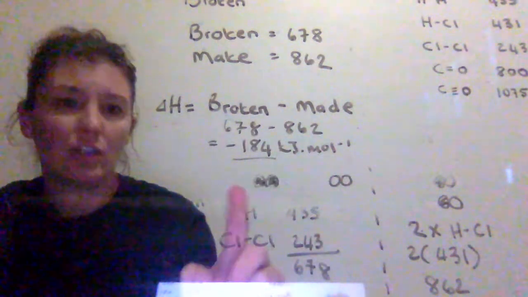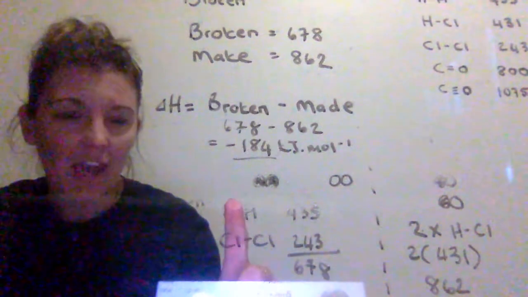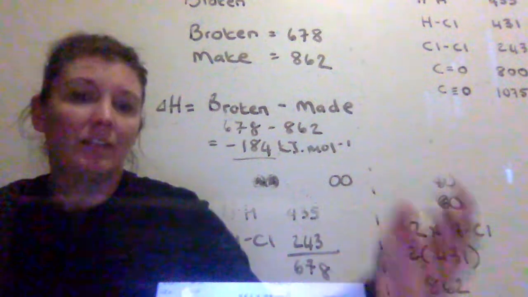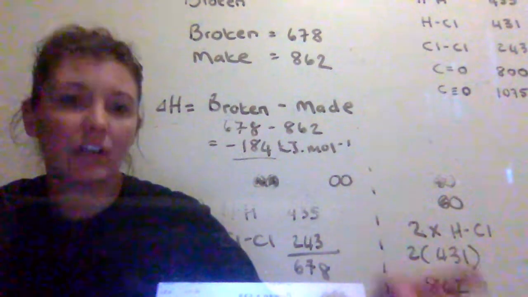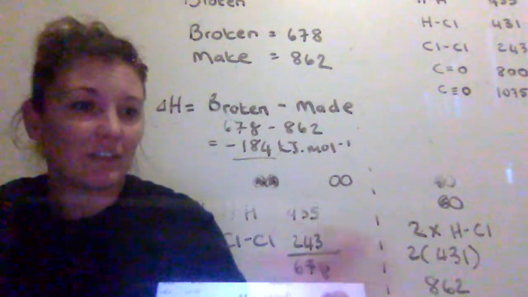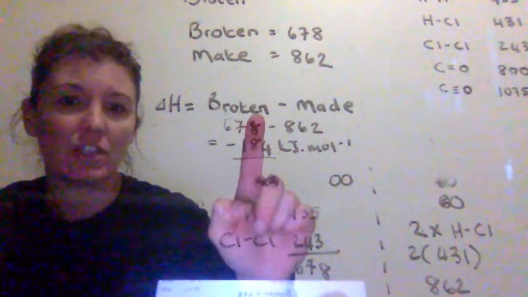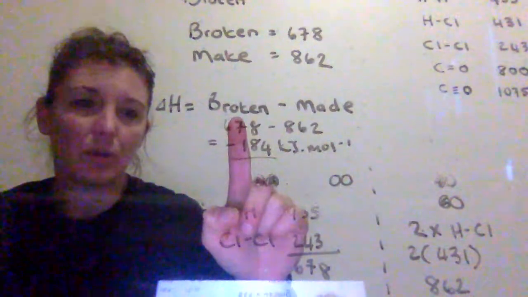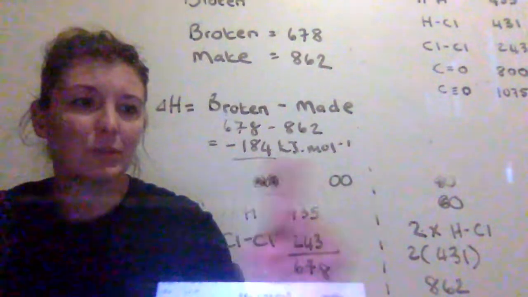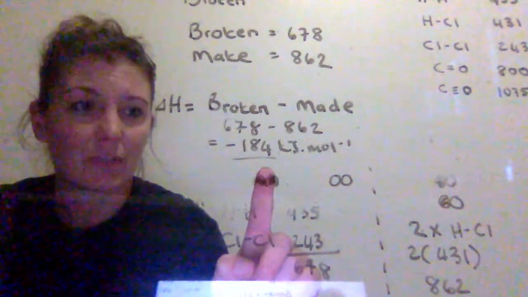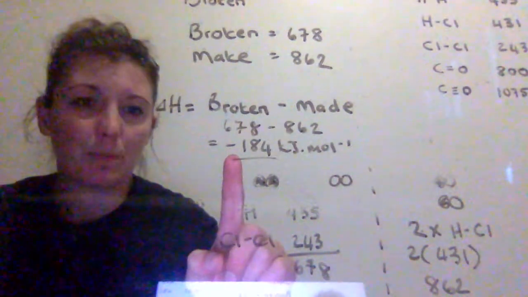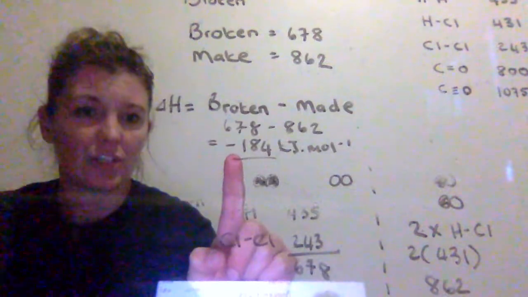Then what you do is you look at what atoms we have to start with, identify the bonds between them that we need to break, and then find out what we've made and identify the bonds that we had to make, add the values up, and then pop it into this equation. Delta H equals the bonds broken minus the bonds made. Pop it in, and then that will tell you whether it's an exo or endothermic reaction based on the sign. So if it's negative, we know it's an exo, or if it's positive, we know it's an endothermic reaction.